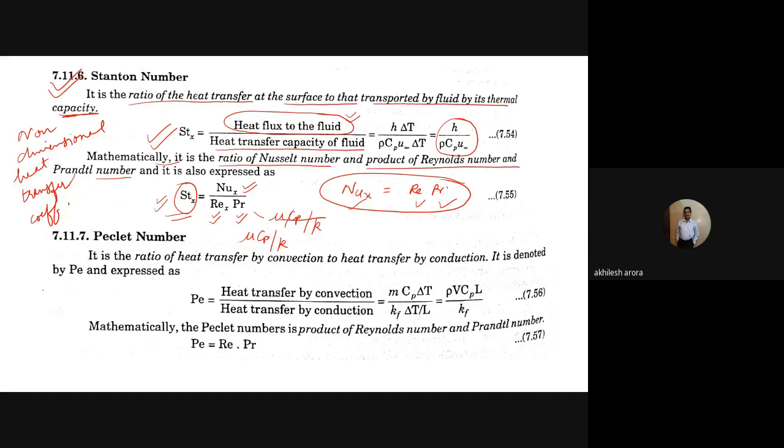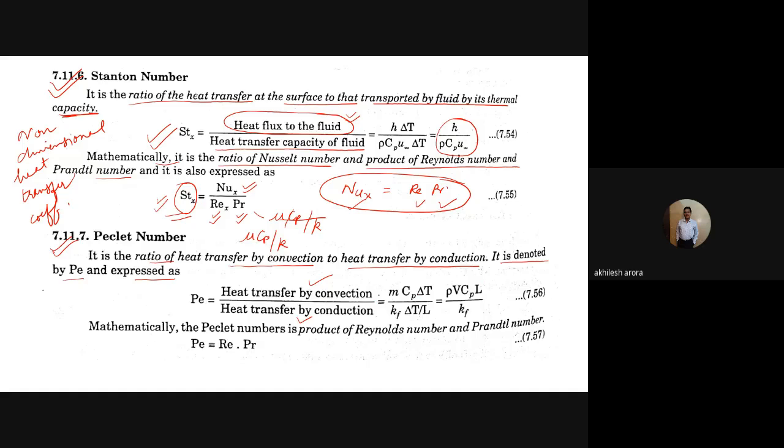Now let us talk about the Peclet number. Peclet number is the ratio of heat transfer by convection to heat transfer by conduction. Very similar to a Nusselt number actually. You can see it here.